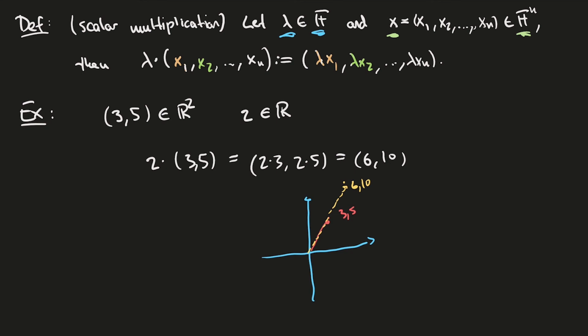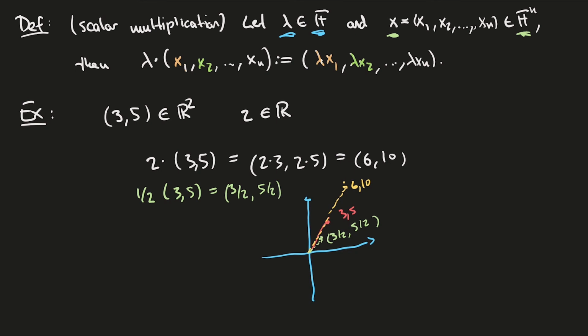To give another example of other things that can happen, if we multiply our vector (3, 5) by one half, then what we get is (3/2, 5/2), and this would be a vector that is half as long. So the idea of scaling the vector is correct.